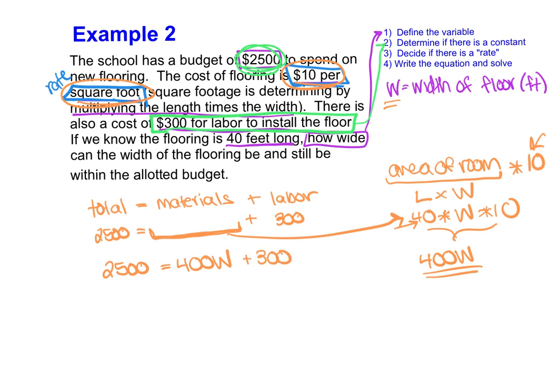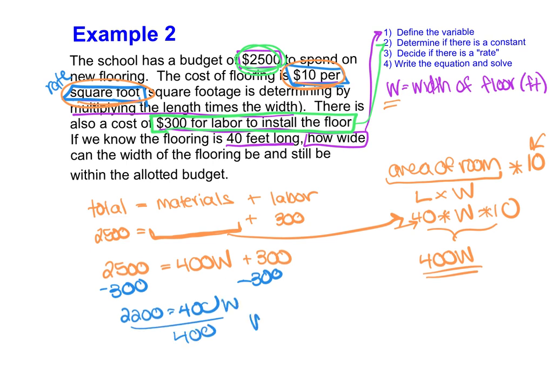And now we have an equation that we can solve to help us find the value we were missing at the start. So from here, we need to start by subtracting 300 from each side. So we have 2,200 is equal to 400W. And then from here, we need to take 2,200 and divide it by 400.